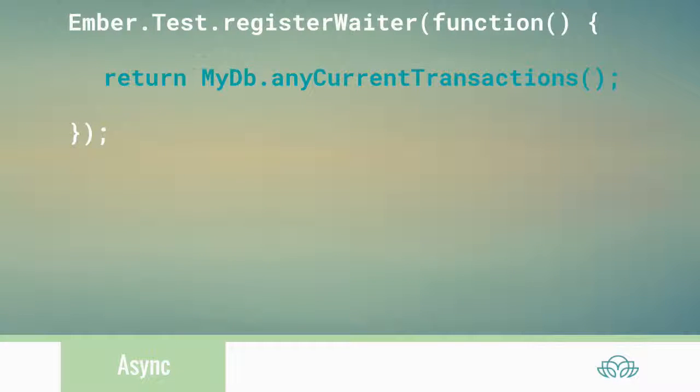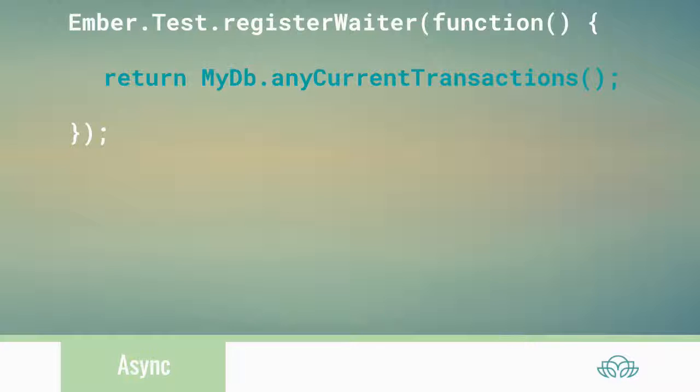Another thing you can do to accommodate asynchronous behavior in your tests or in your application is to register a waiter. And taking a step back from this, Ember's async test promise, in deciding when to move on, is aware of a lot of asynchronous behavior in the app, but it's only aware of asynchronous behavior that is known to Ember.